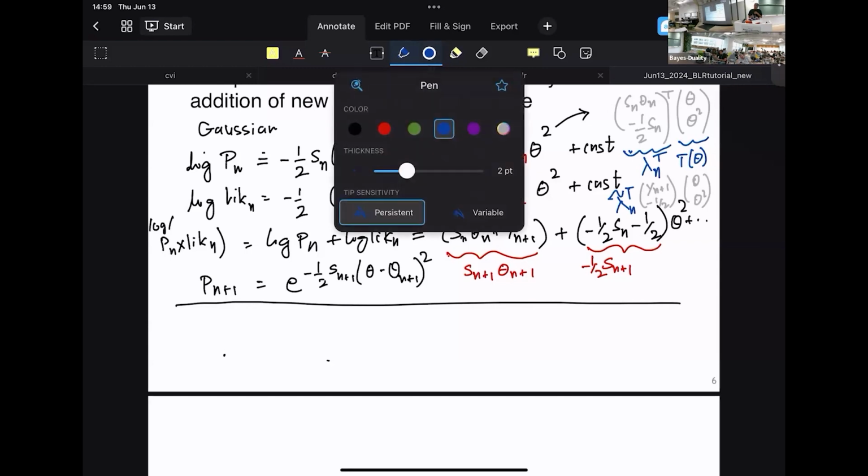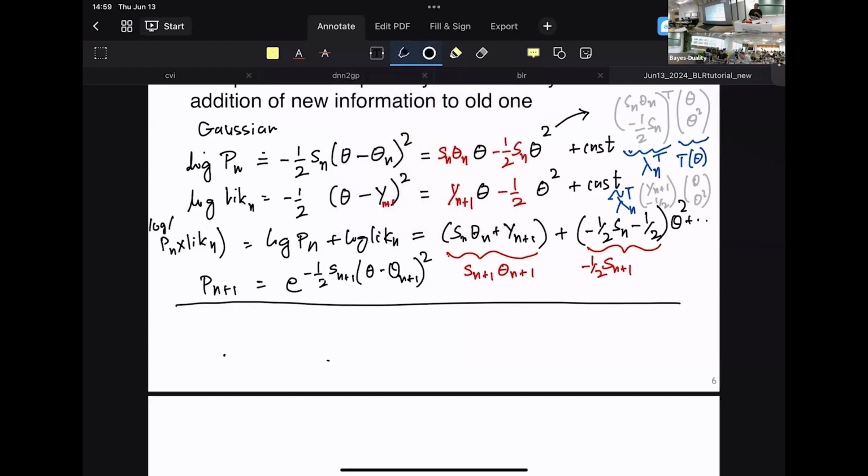So why did I use tilde? It's a question. Maybe it becomes clear soon. So the posterior is written as an exponential family of this. There are some constants, but I'm going to ignore that for this presentation. I hope you're convinced about this.